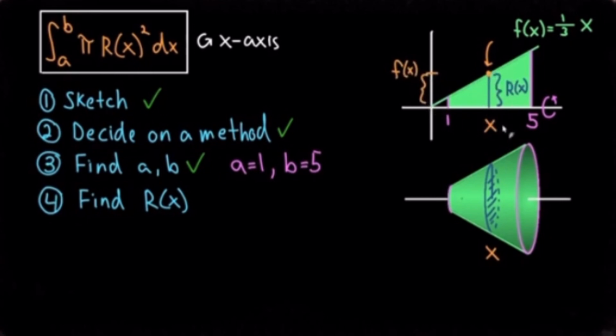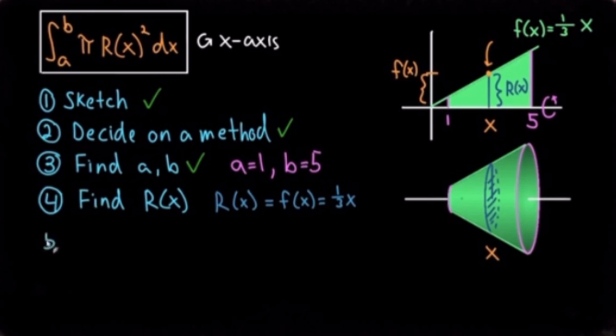So altogether, what we find out is that in this case, r of x is just equal to f of x, which in this example is 1/3 x. Okay, because that distance from the x-axis out to the function is the radius of this circle down here, but that also happens to be the height of the function. So they're the same. I hope that's clear.